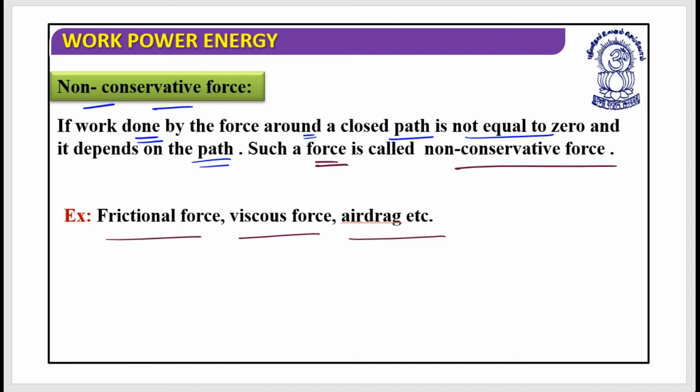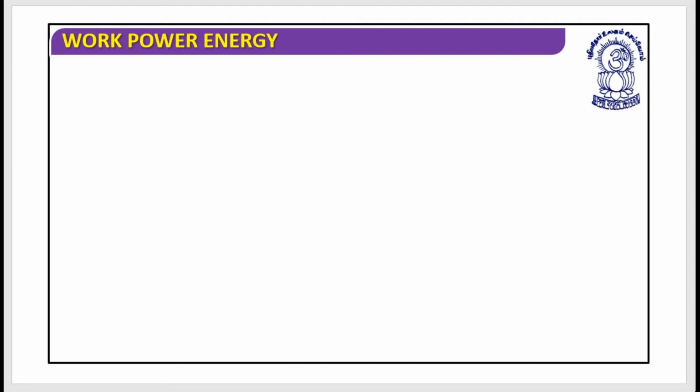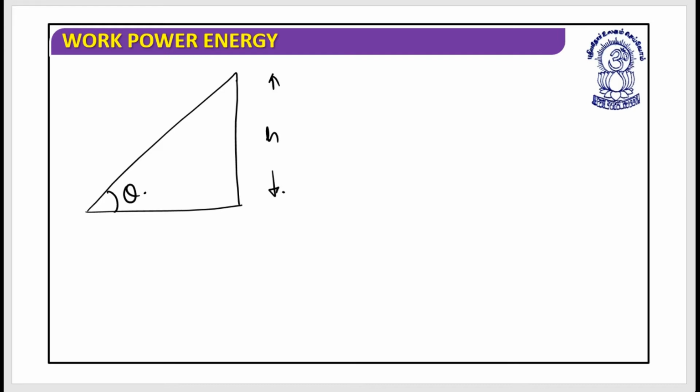Now, how could I represent numerically that these forces are conservative and these forces are non-conservative? Let's suppose the situation is like this: this is a wedge with angle theta, the height h is given, and this is a block of mass m.